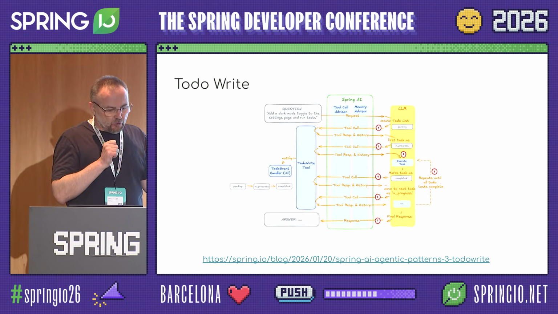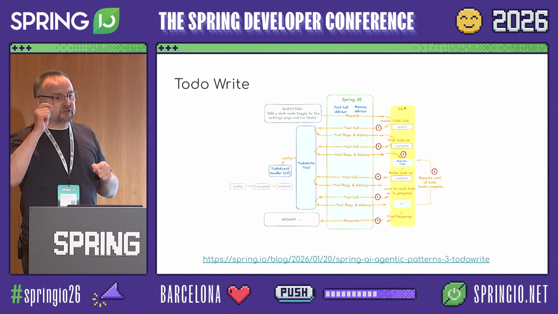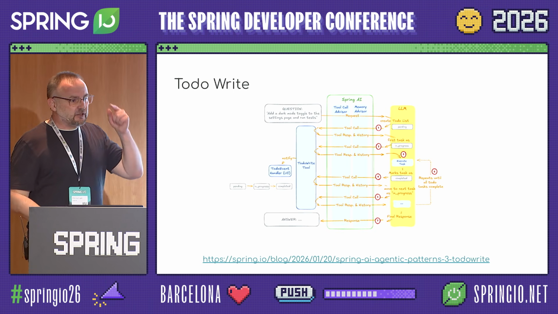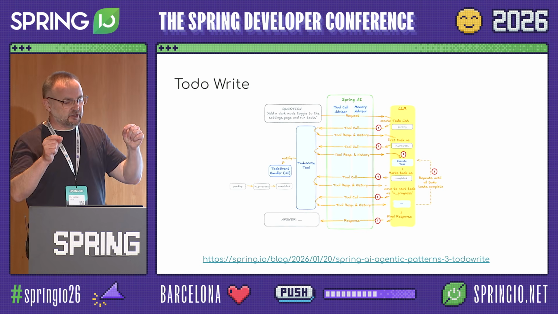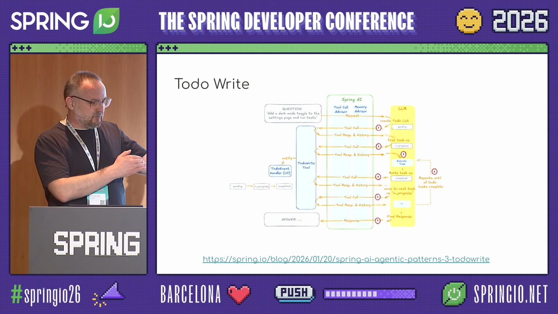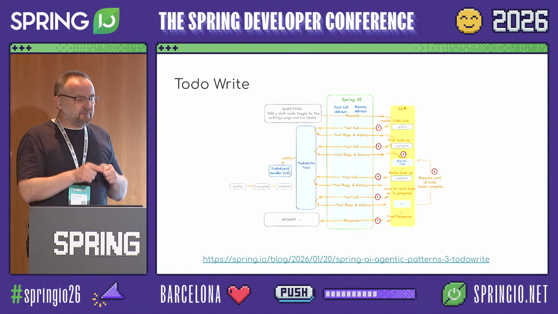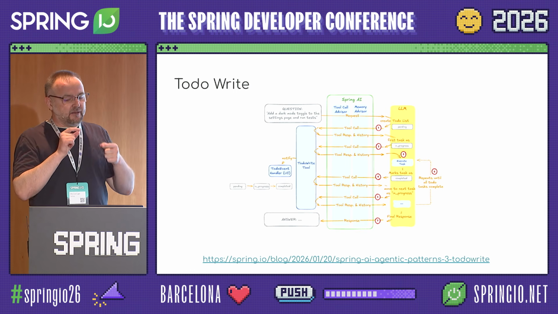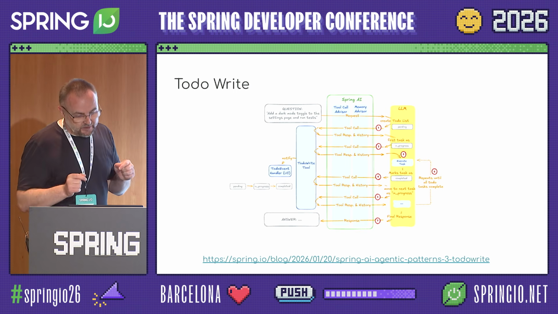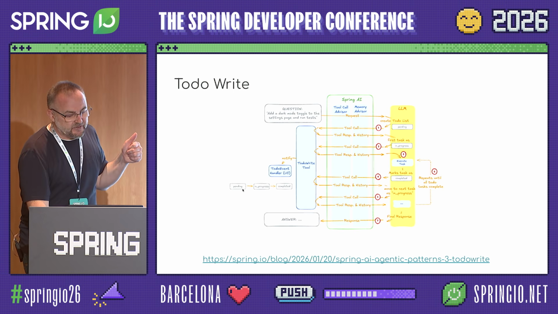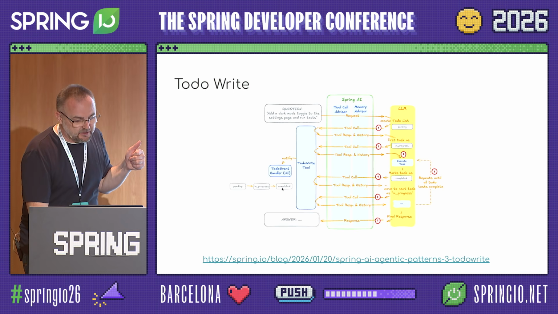So in order to force them to actually follow a certain path and structure, what you can do is ask them to create a to-do list up front with a certain structure. Then you can ask, in the same system prompt where you define this logic, to always perform one step at a time. The items in this to-do list have a very simple life cycle: pending, in progress, and completed.